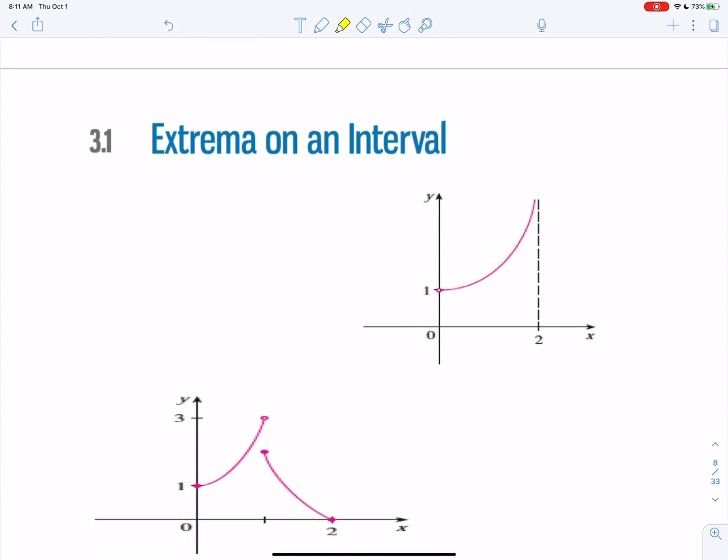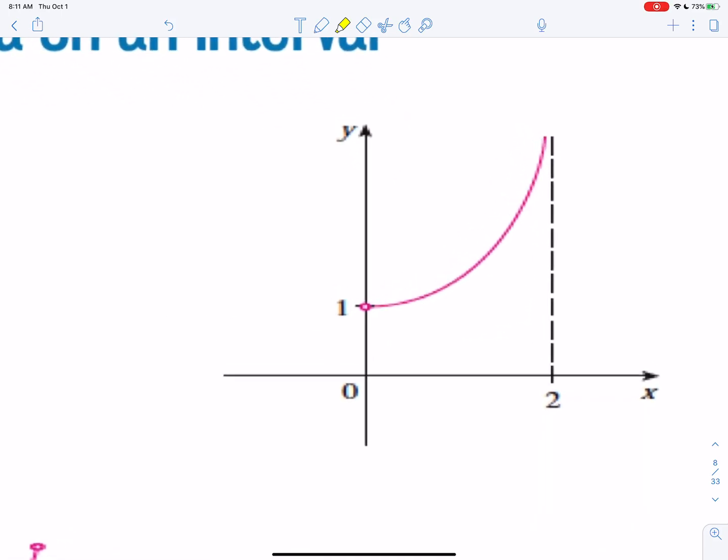Here are 2 more pictures. Now, I'm going through these very quickly, so you guys could go ahead and rewind to draw it if you want to, okay? We're just exploring here. So take a look at this upper right graph. Notice here, there's none, okay? Remember, someone might say that the absolute minimum has a value of 1.01, but again, we can make that argument of getting super close.